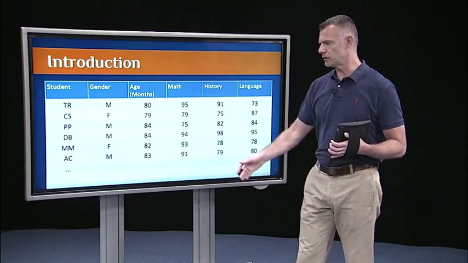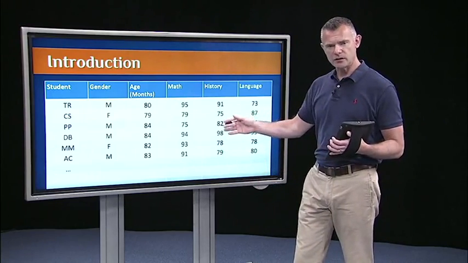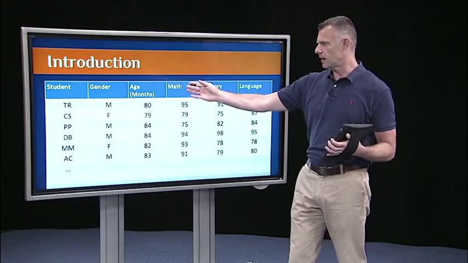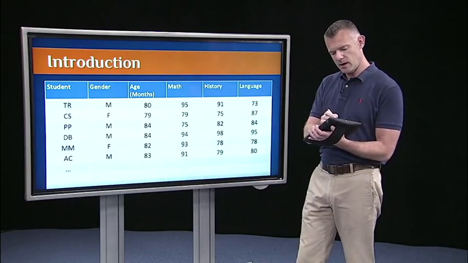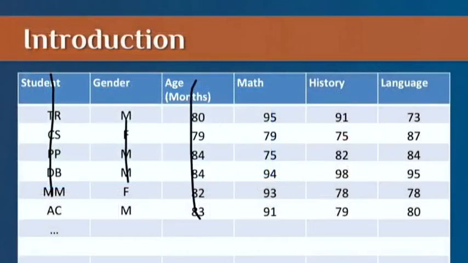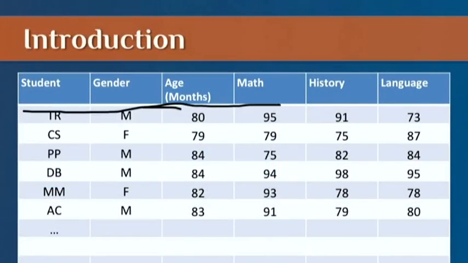But basically, it's just a data structure that has columns. So here are the columns. And it has a bunch of rows. It's very common for one row to pertain to one student or one case in your data file.